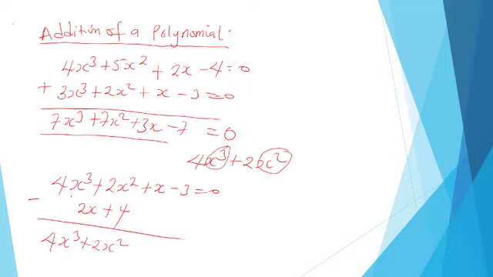Now x minus minus 2x is minus x, while minus 3 minus 4 is minus 7. So addition and subtraction of polynomials is just a straightforward idea that can be applied at any given point in time.